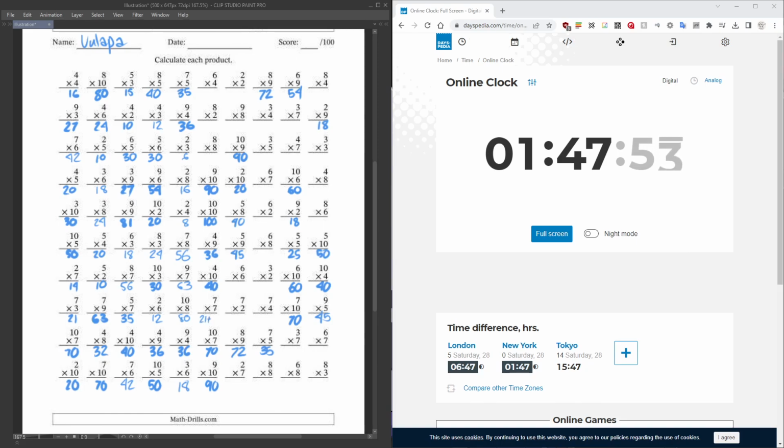Then I would add the other part of it, which is 7 times 4, which is 28. Then you just add those 2 numbers together, which gets you 49.